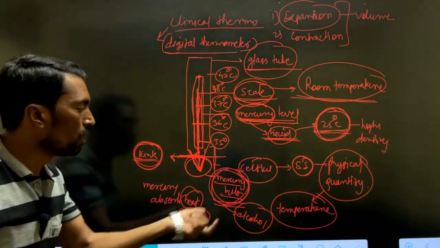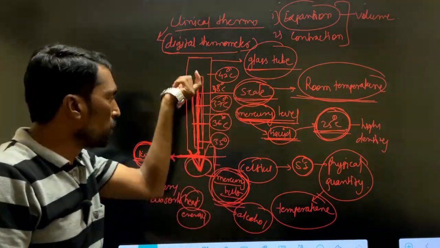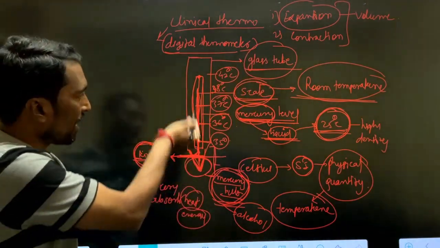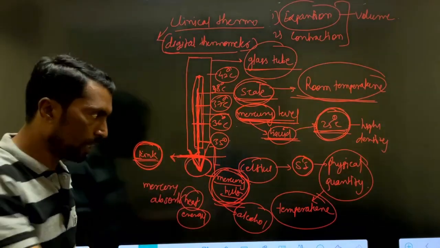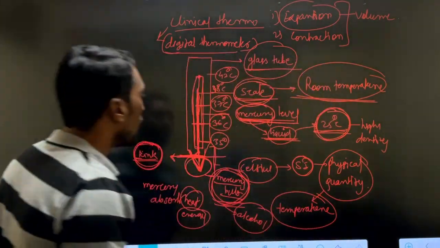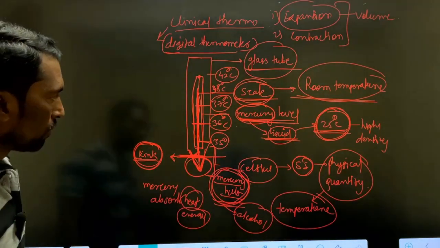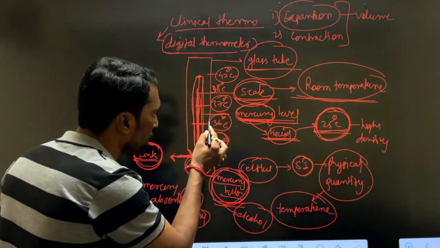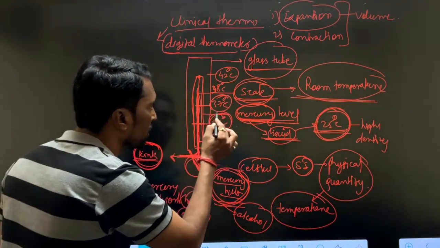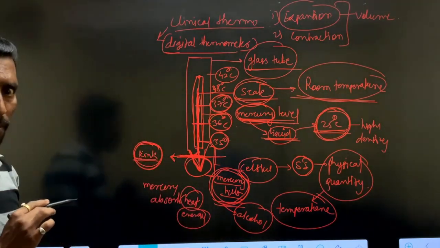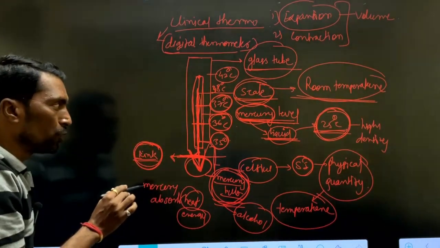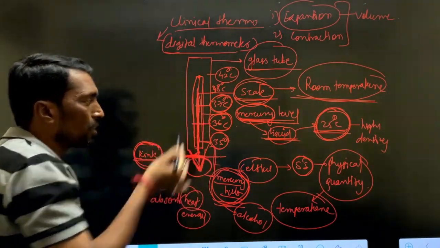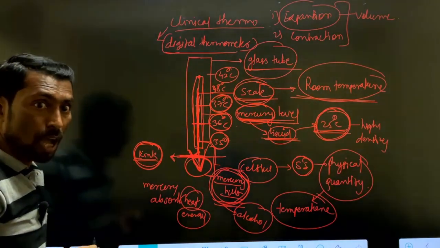So the kink's function, the mercury bulb, the scale to measure the temperature, the glass tube, and the mercury level which rises with the temperature. Okay, next is how we know about that. The 35 degree Celsius temperature is there, 36 is there, 37 is there. But when the rise of the mercury is in between 35 and 36, how do we measure it?